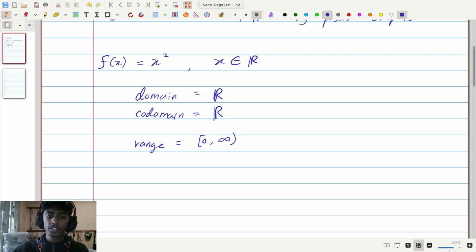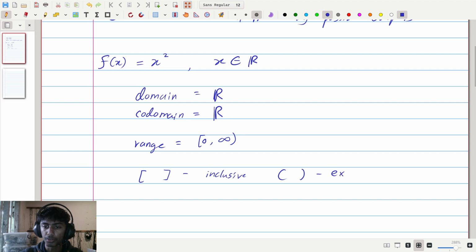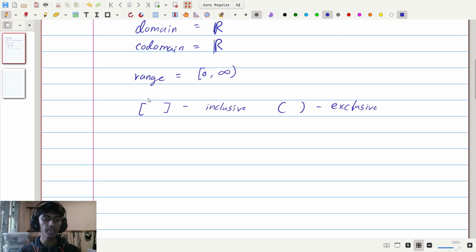I do not think I have introduced this notation. The square bracket indicates inclusive. The round bracket indicates exclusive. I believe this has been taught in O-level times, but I will teach it anyway.